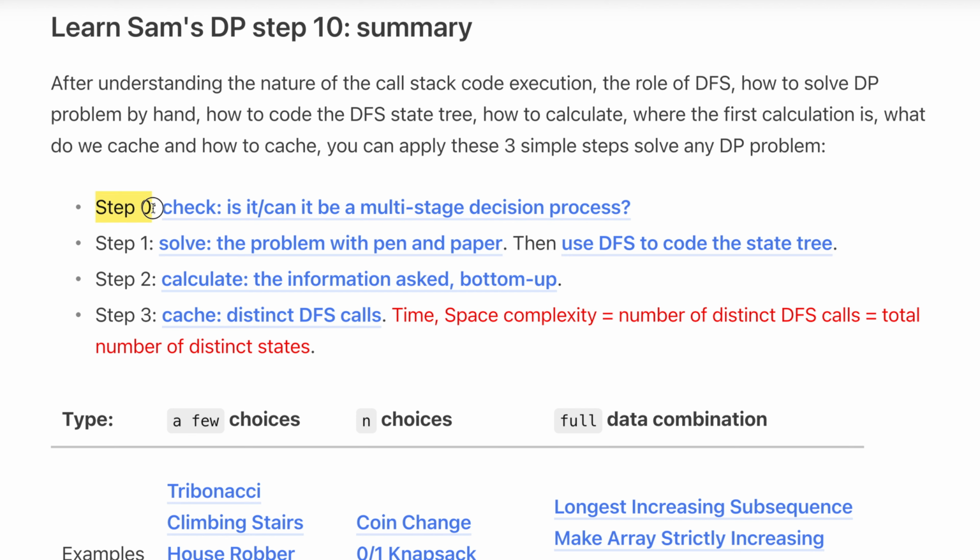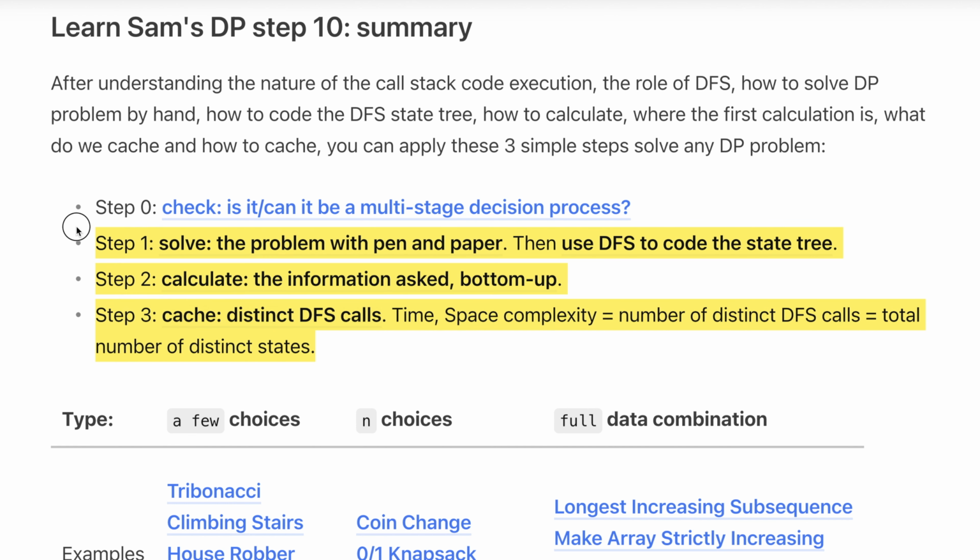After checking in step 0, step 1, we solve the problem with pen and paper and use depth search to code the state tree. Step 2, we calculate the information asked, bottom up. Step 3, we cache distinct depth search calls to improve the time complexity. That's our 3 simple steps to solve a DP problem.